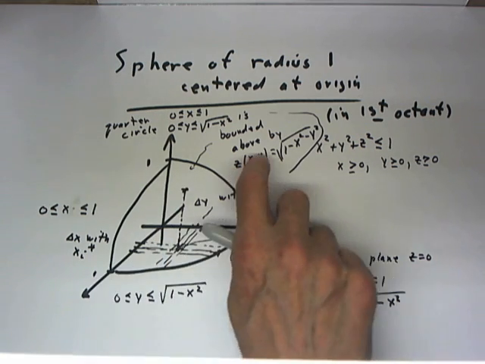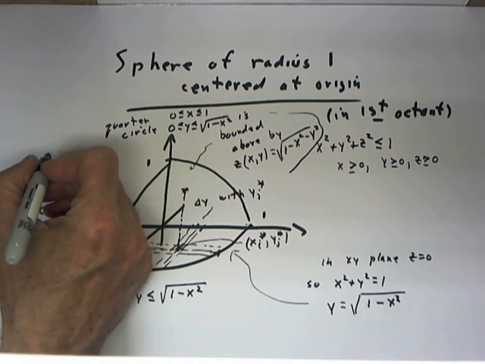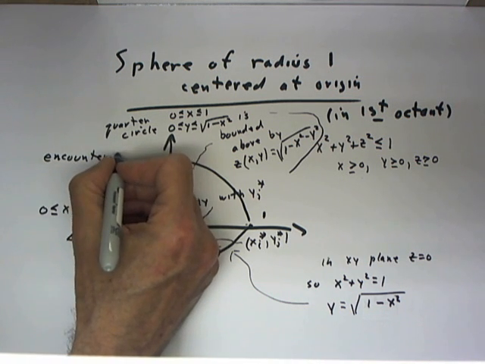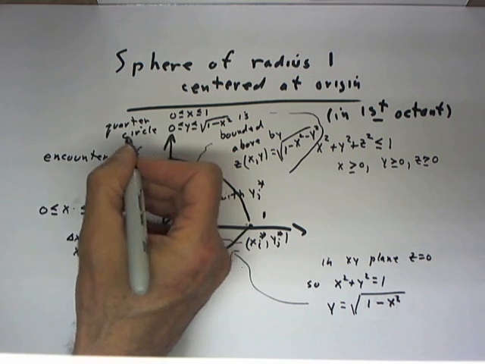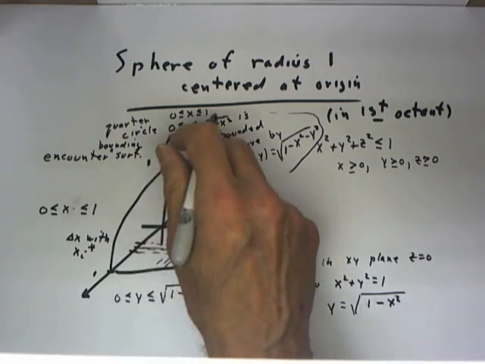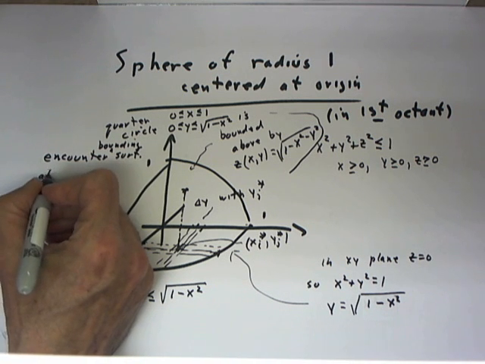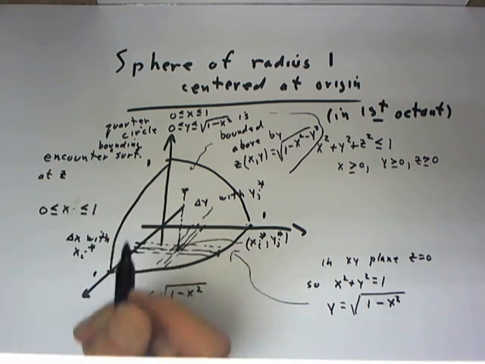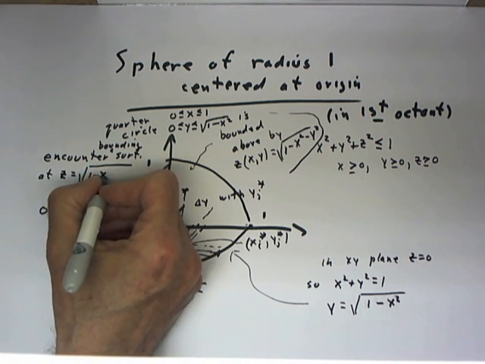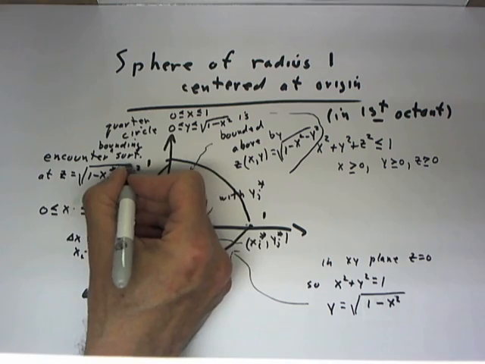At z equals the square root of 1 minus xi star squared minus yj star squared. So we encounter the surface, and we could call that the bounding surface. The surface which bounds this region, in other words, the sphere, at z equals the square root of 1 minus xi star squared minus yj star squared.